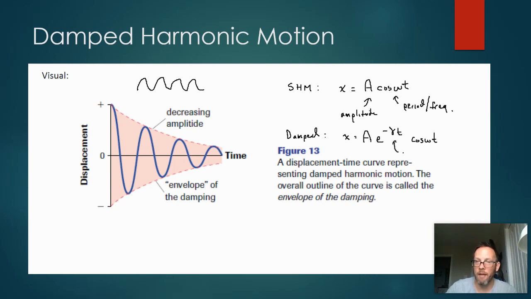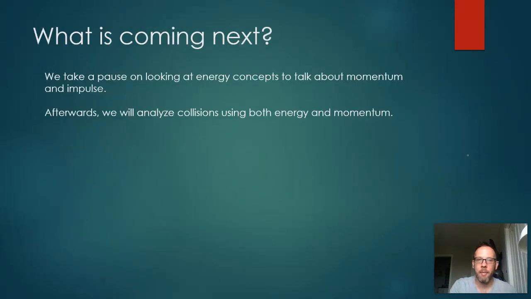But this gamma that I have here is a damping factor. So it tells you maybe how much friction is present in the system, which tells you how quickly the mass on a spring will settle. So that's just some interesting taking it a little bit further. Because in reality, simple harmonic motion never really happens because we always have some kind of friction or energy lost in a system.